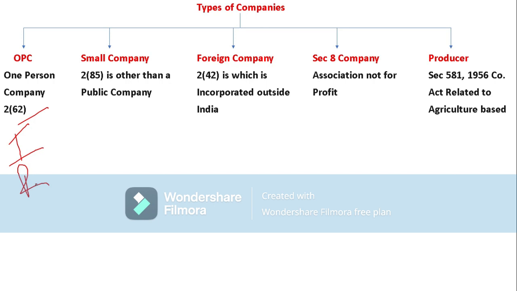And here we have some exemptions. Under members, the minimum number is 1 and the maximum number is also 1.